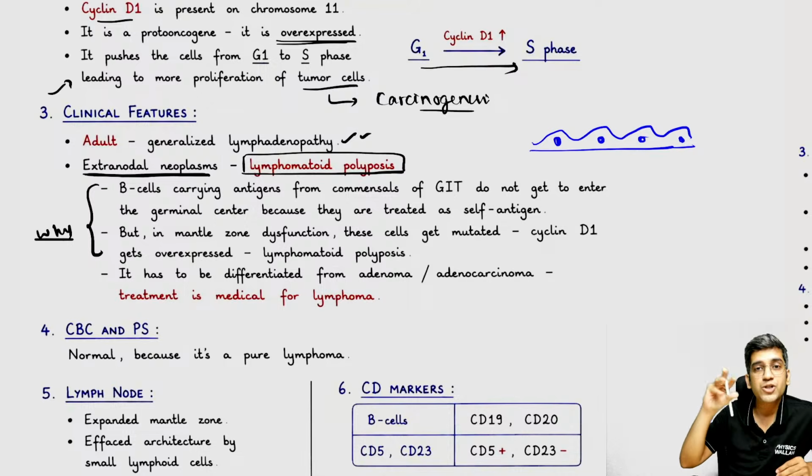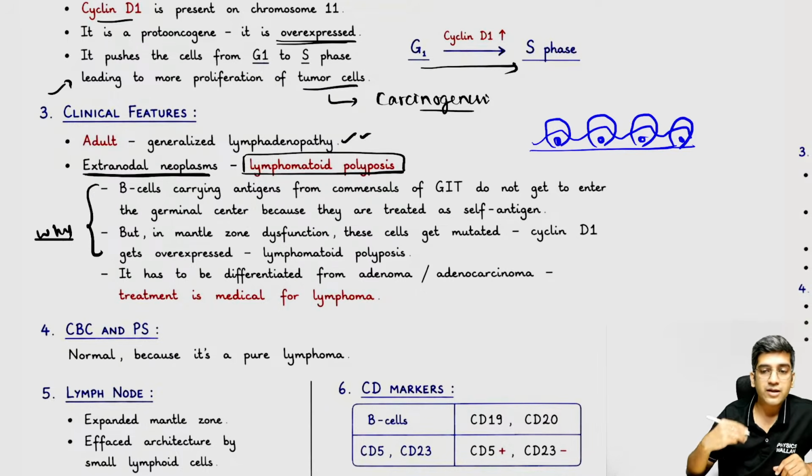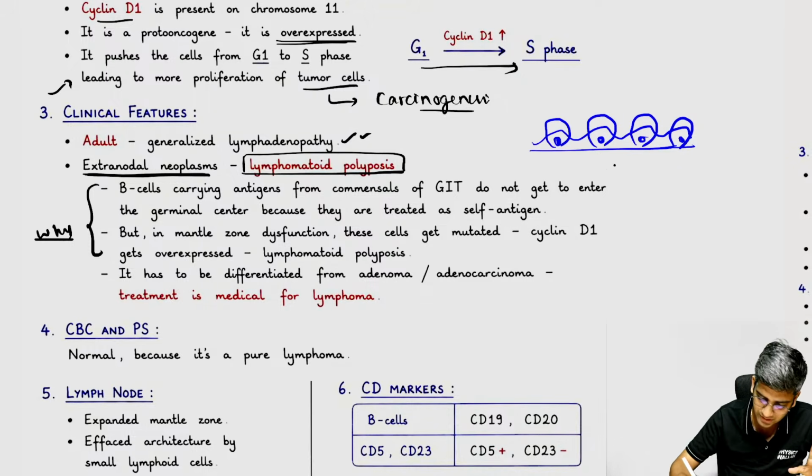When these Peyer's patches are involved by a relatively slow growing tumor like mantle cell lymphoma, they become big. Anything protruding from your skin or mucosa, we call it a polyp. That's all. So the Peyer's patches will be involved and produce a polypoidal projection, and we call that lymphomatoid polyposis.